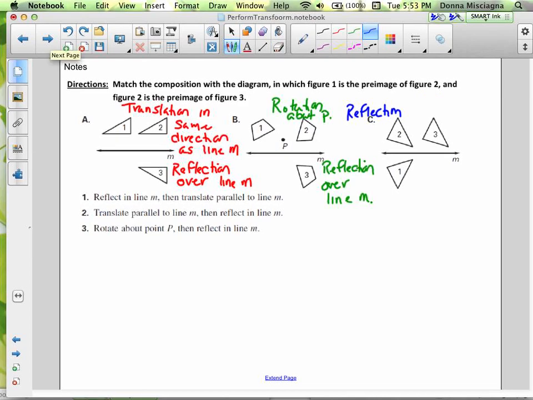So we have a reflection over line M. And then we translate. We have a translation. And notice we're going in the same direction as M again.